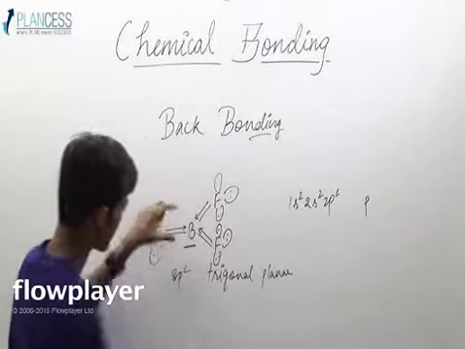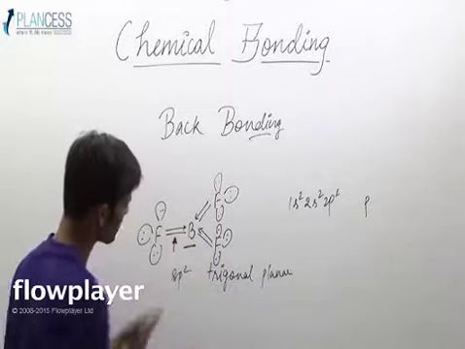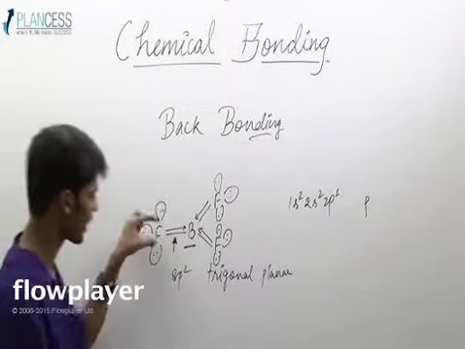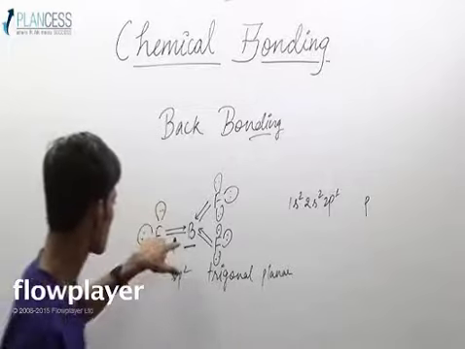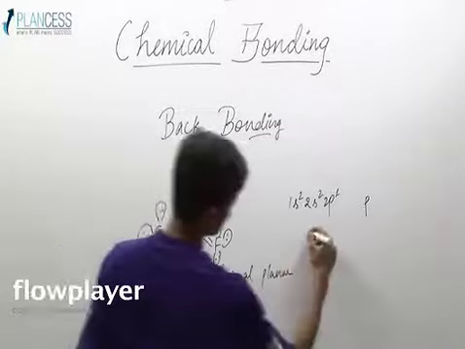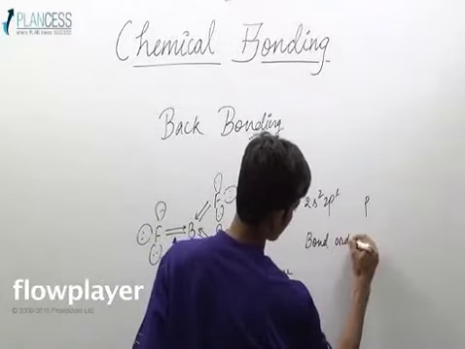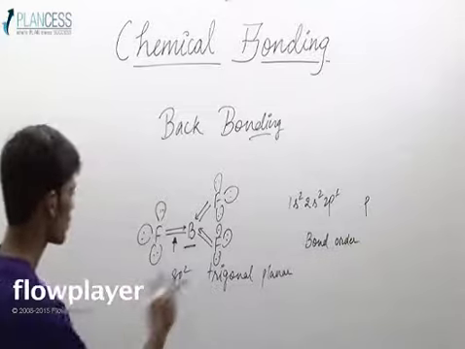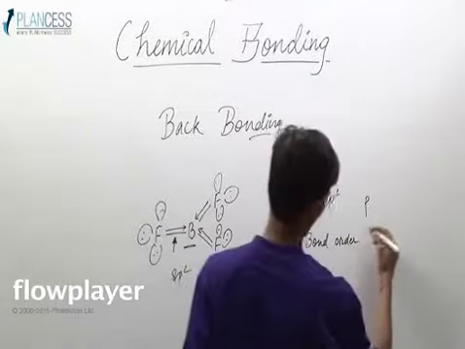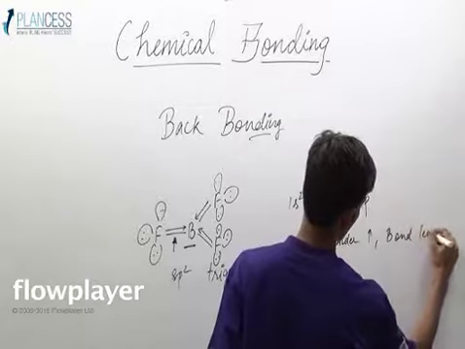Because of the occurrence of back bonding, the bond length of B-F decreases because of the acquired double bond character in this B-F bond, and the bond order increases. Bond order is between 1 and 2.